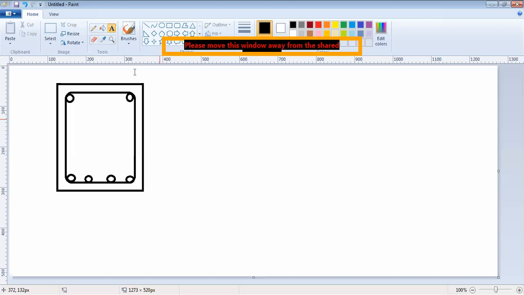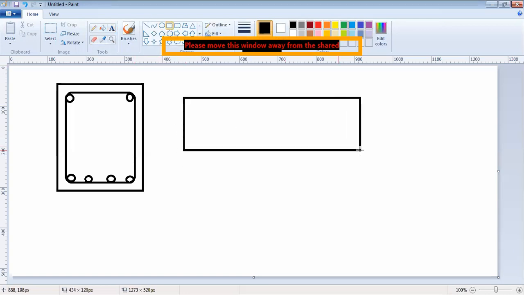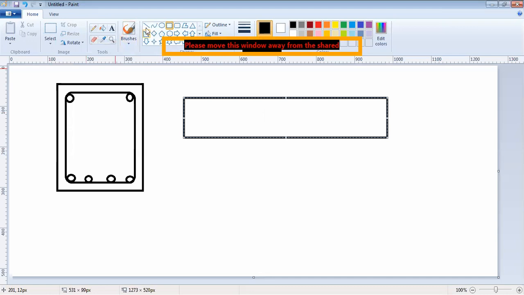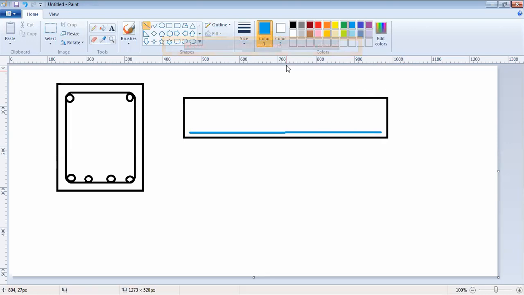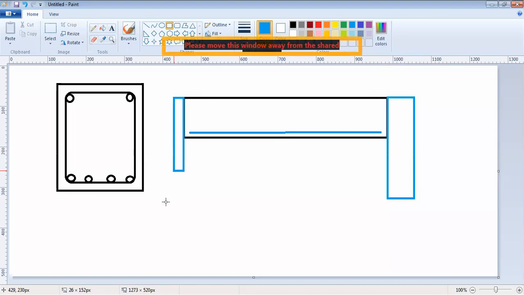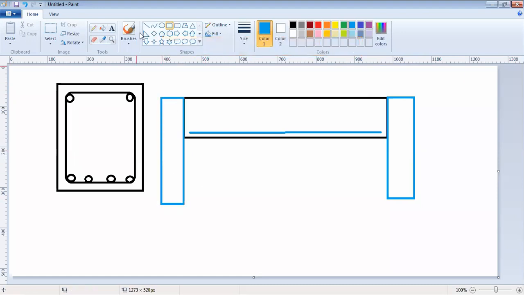Now, the first thing is about the development length along the length of this bar going into the support. This is tension reinforcement.